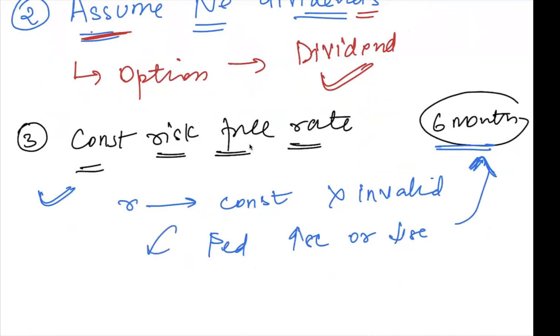This will again lead to inaccurate pricing. Taking the risk-free rate as constant can be dangerous, because the risk-free rate changes daily too. So this assumption is a little inaccurate.